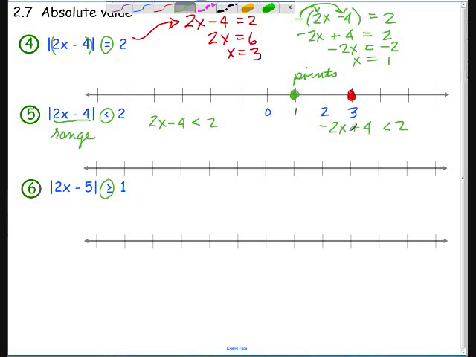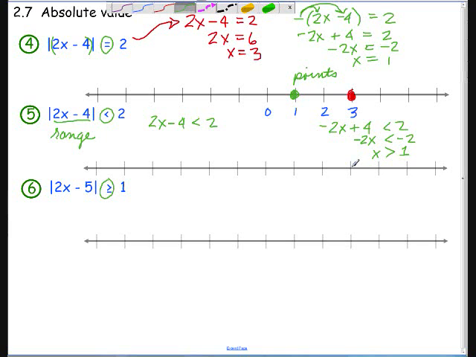We're going to subtract 4 from both sides. I get a negative 2x is less than -2. Now I have to divide by a negative. Anytime I divide by or multiply by a negative in an inequality, the symbol changes, doesn't it? So I end up with x is greater than 1.